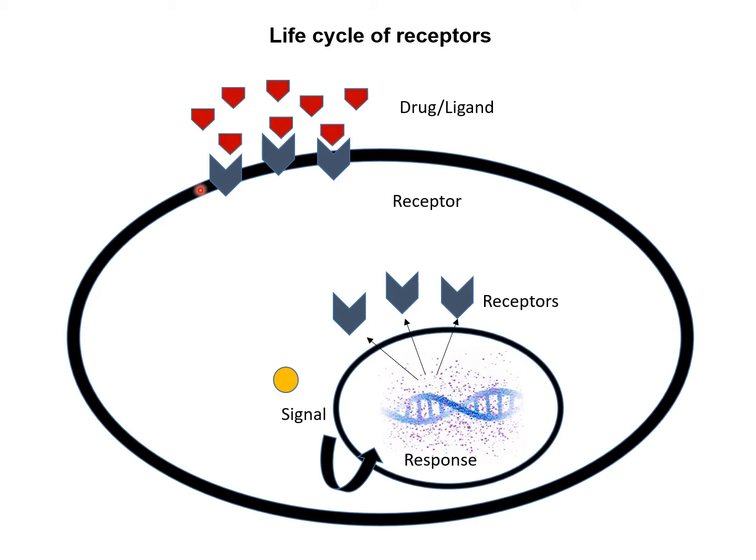However, what happens if they receive too much stimulation? It could potentially damage the cells. Well, fortunately for us, cells have the ability to downregulate receptors, meaning that they can take them out of the membrane and recycle them, which leads to a fewer number of expressed receptors and therefore decreased sensitivity to signaling molecules.